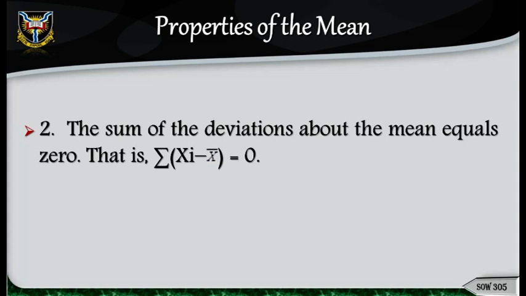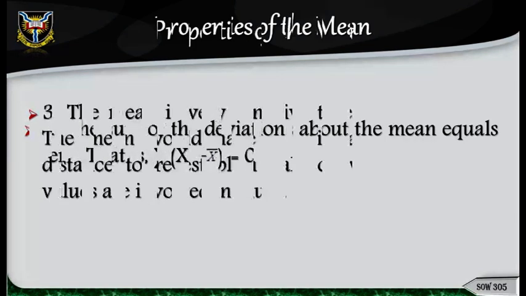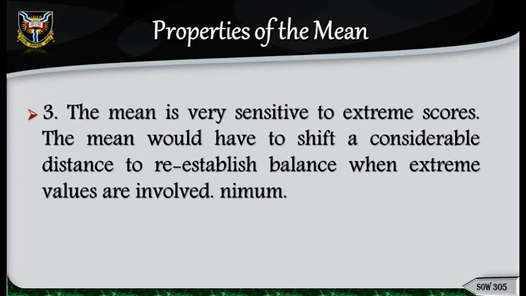2. The sum of the deviations about the mean equals 0. That is, Σ(xi − x bar) = 0. 3. The mean is very sensitive to extreme scores.